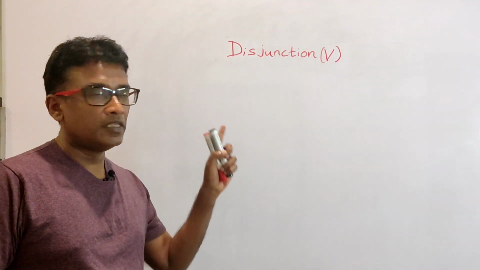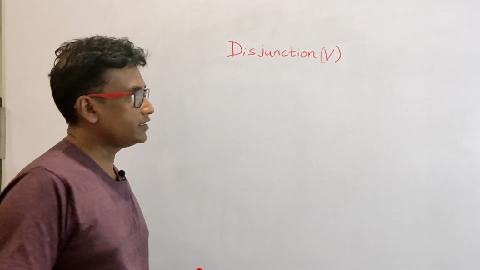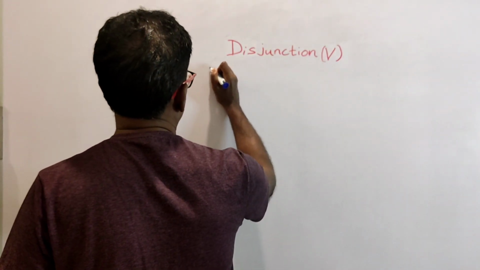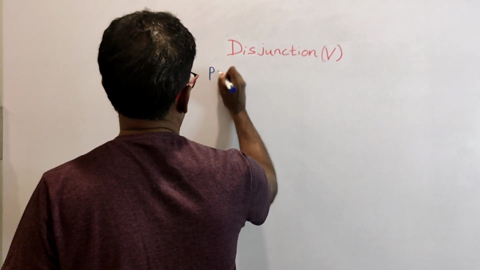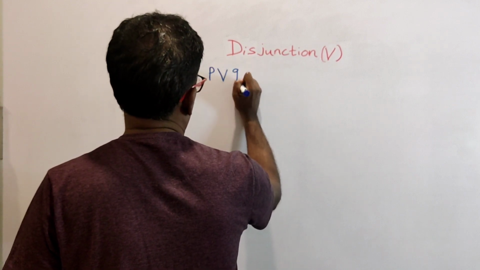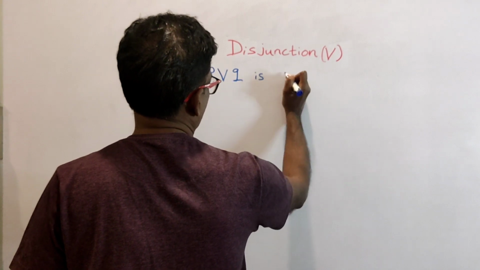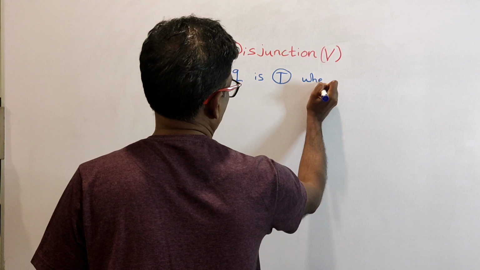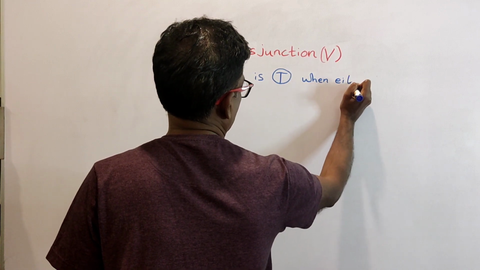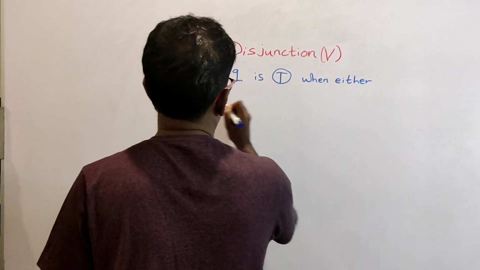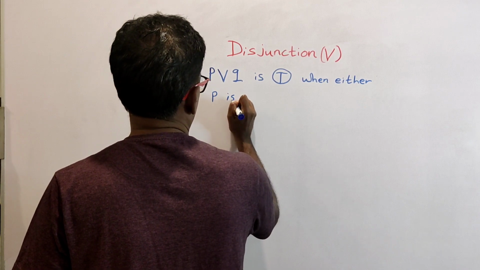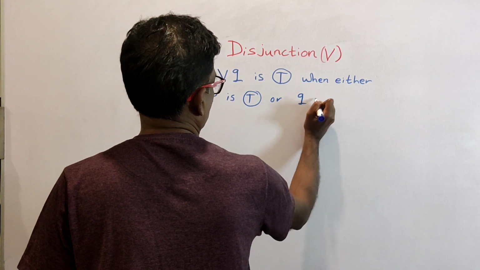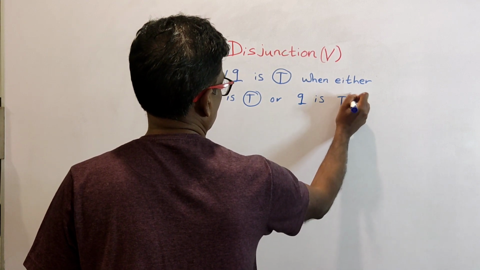Now for the rule associated with disjunctions. We are going to consider the disjunction P or Q. P or Q is true when either P is true or Q is true.